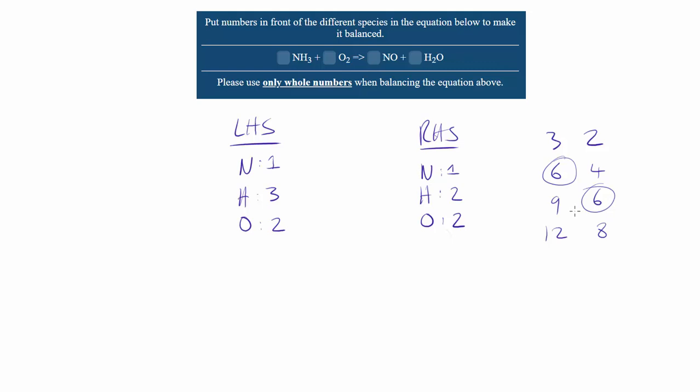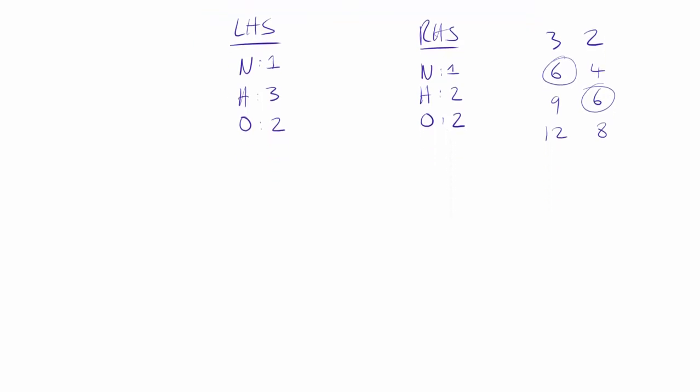Given that, the side of the equation that has a 3, which is the NH₃, I'm going to put a coefficient of 2 in front of the NH₃. And the side which has 2, I'm going to put a coefficient of 3 in front of the species, which in this case is the H₂O, which has the H₂. Let's see what we get out of that.